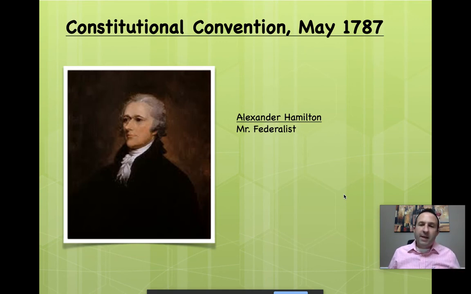Now, politically speaking, Hamilton, far more than maybe any other founding father at the time, believed in the great potential of America. He believed that America could be great. He believed in the economic and political potential of this new nation.